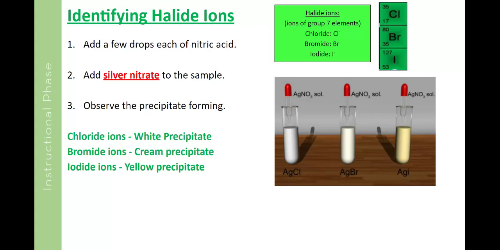If, when you add silver nitrate, it forms a cream precipitate, we know it contains bromide ions because silver bromide has got a cream colour. If it gives a yellow precipitate, so a precipitate that's darker in colour again, it shows the presence of iodide ions.